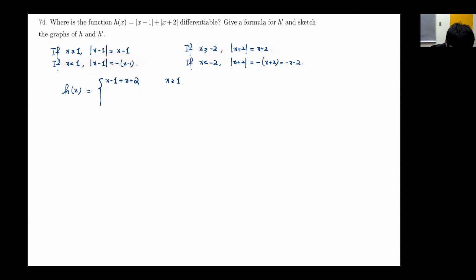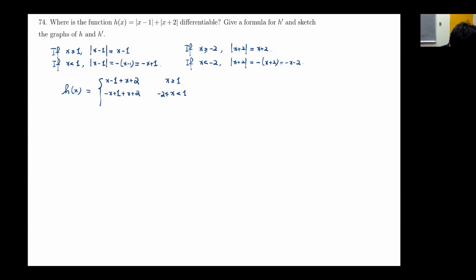And let me simplify the minus x minus 1 as minus x plus 1. So then if my x is strictly less than 1, but greater or equals to minus 2, then what I'm getting at is minus x plus 1 plus x plus 2. All right, so that's what my h of x is in the middle interval.